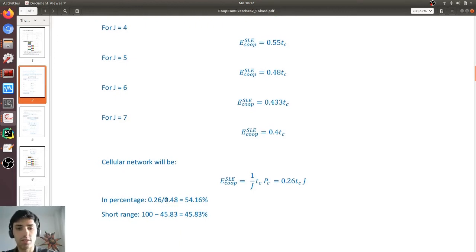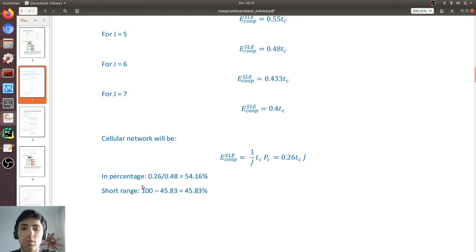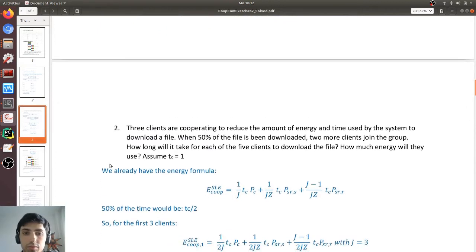Okay, I will change that. So it's not actually 54%, it's 0.26 divided by 0.4, which is 65%. And then in the short range it is going to be 35%: 100 minus 65 is 35%.